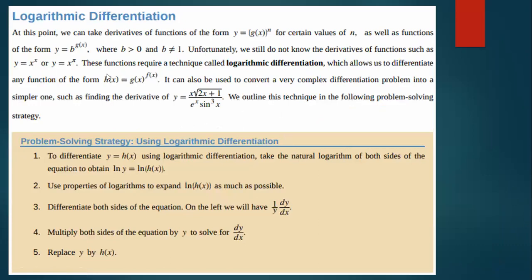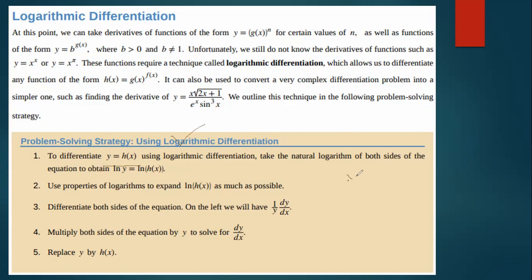Now logarithmic differentiation. These are the rules of thumb. To elaborate, this is the problem-solving strategy using logarithmic differentiation. To differentiate, let's say y equals h of x, using logarithmic differentiation, take the natural log.